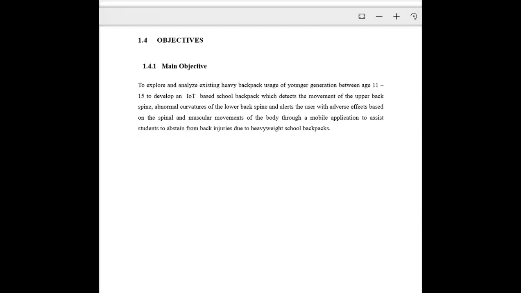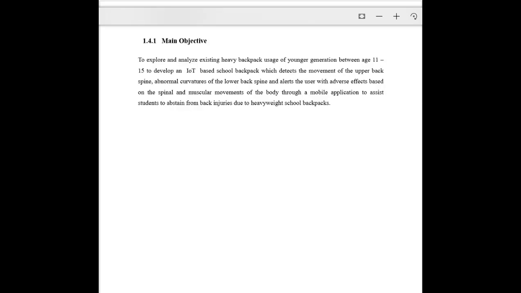This part 4 under the chapter 1 is about objectives. Since this is an individual project, this includes one main objective. So this objective we have discussed in the previous two videos.